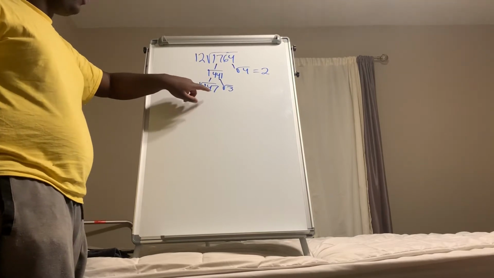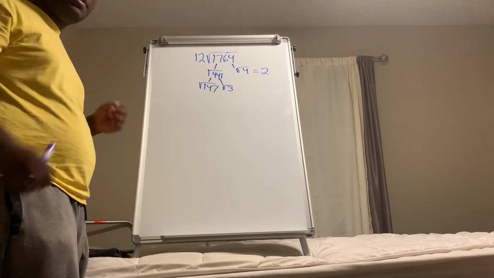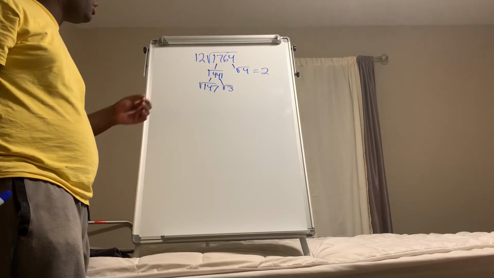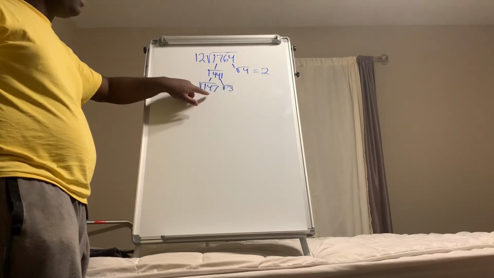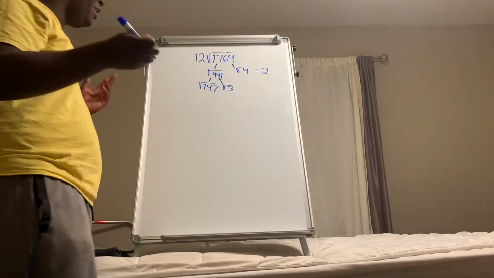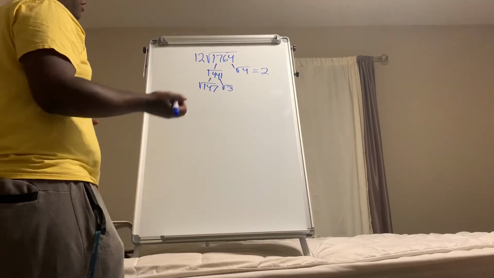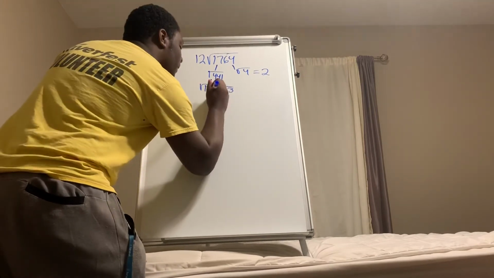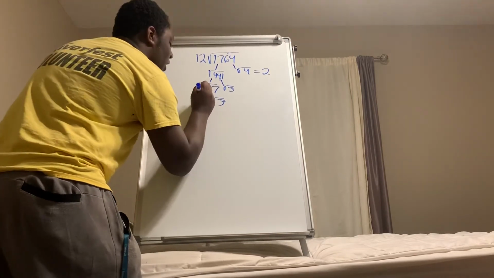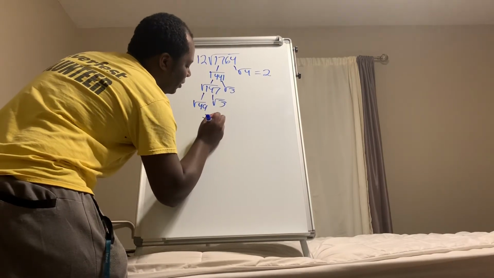So what we're going to do is take another 3 out of there. Honestly, if you don't just know these numbers off the top of your head, you get to do trial and error. Now, thankfully, we know it's not a multiple of 5, but this number is a multiple of 7 and 3. So, like I said, this one just happens to work out to be pretty even like that. So I'm going to take another 3 out. And then 147 divided by 3 is the square root of 49, which we know equals 7.